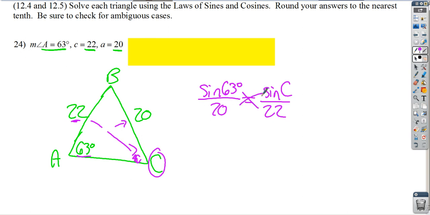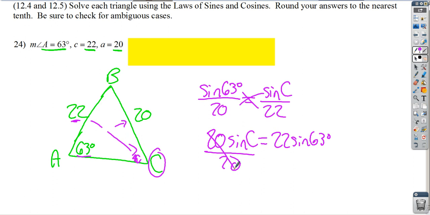Same idea as before, we'll cross multiply, so we get 20 sine C equals 22 sine 63, and then we'll solve this by dividing by 20. And here's how we can tell if we're going to have multiple triangles, possibly.